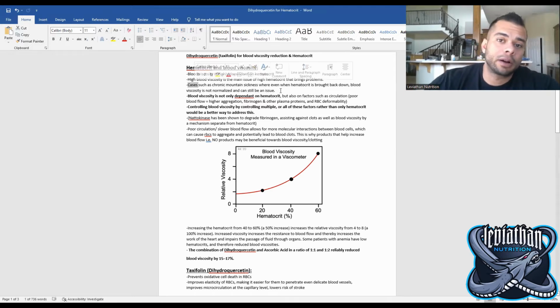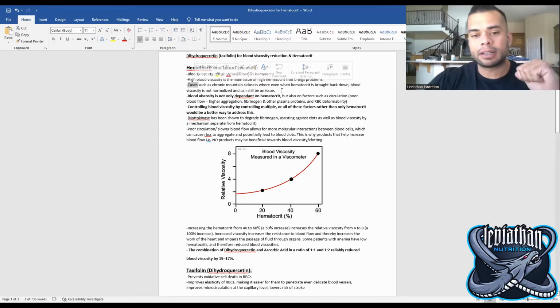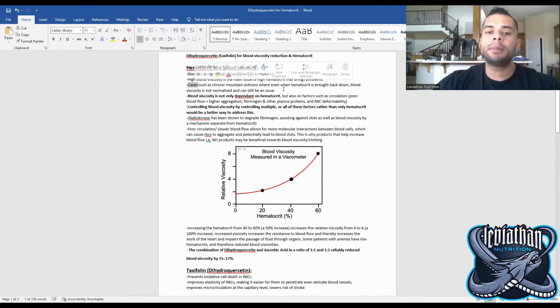Now, an example of where cases like this occur are in chronic mountain sickness, where you have people who live in very high elevations for long periods of time. So their hematocrit will be high as well as their blood viscosity, but then you control their hematocrit to get down to a decent level, let's say 40%, and they still are dealing with the problem of high blood viscosity.